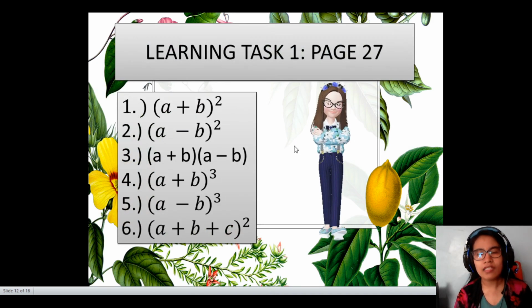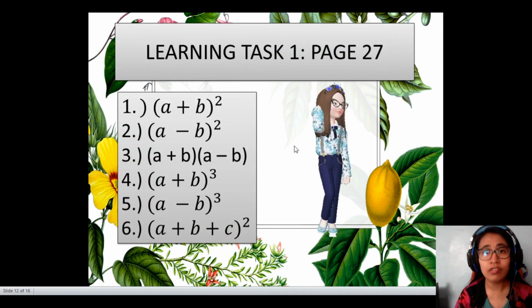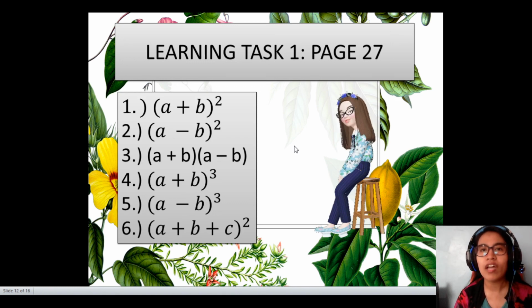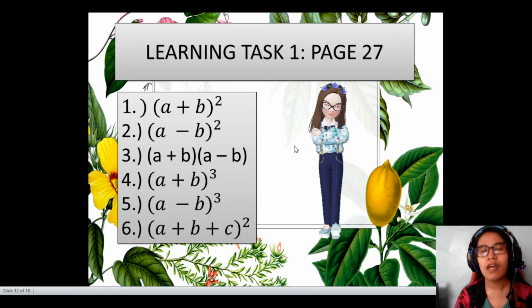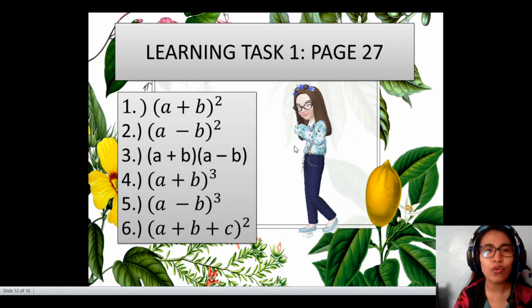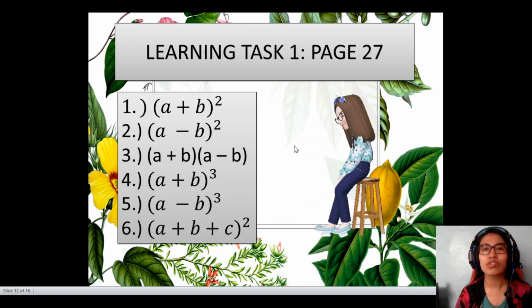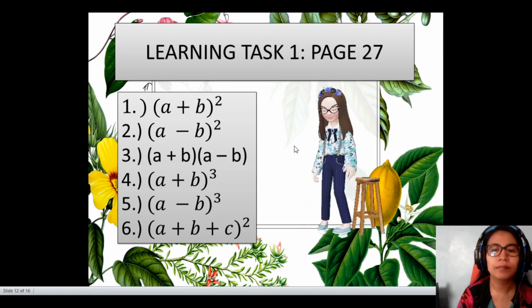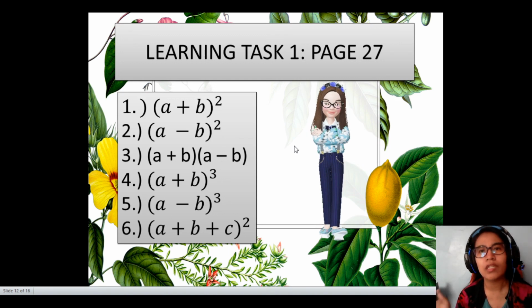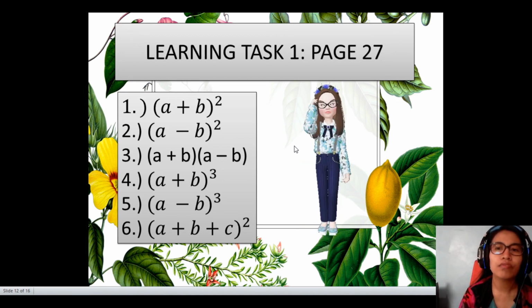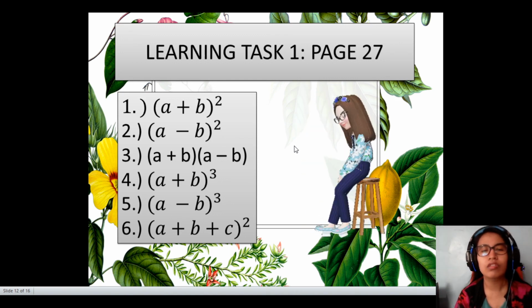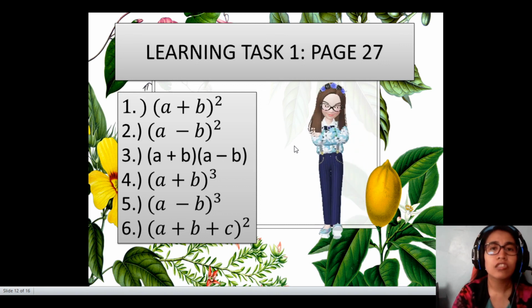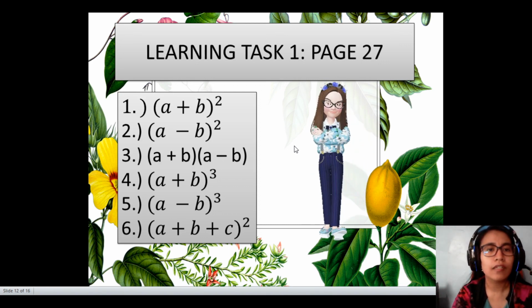As how I showed you those solutions on your learning task 1 and learning task 2, which is on page 27 of your module, I want you to show also the solution. And for the answer key, it's already there in your module. If there is some correction, just chat me for the answer key.